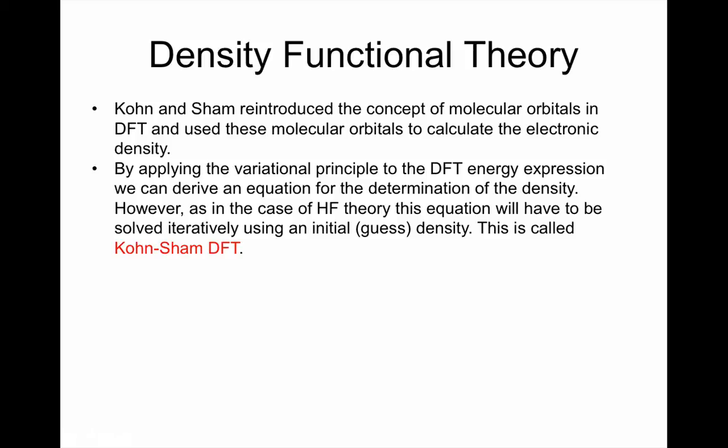As in the case of Hartree-Fock theory, it turns out that this equation that will give us the expression for the molecular orbitals has to be solved iteratively, using again some initial guesses for either the orbitals to begin with or the density to begin with.